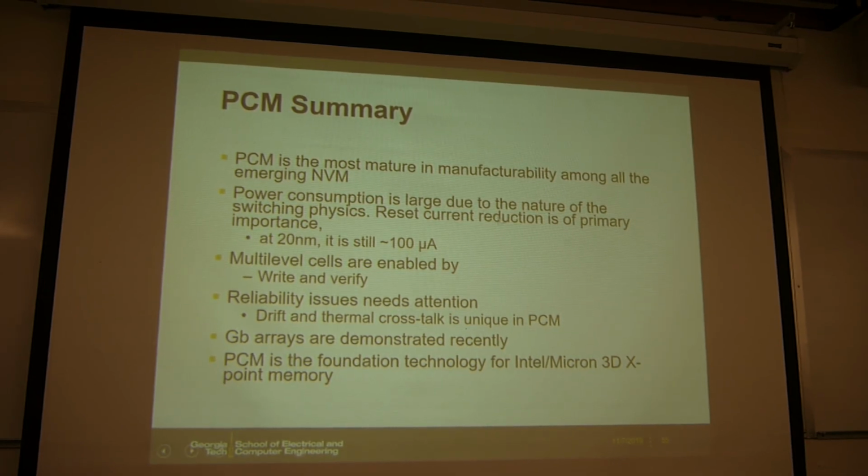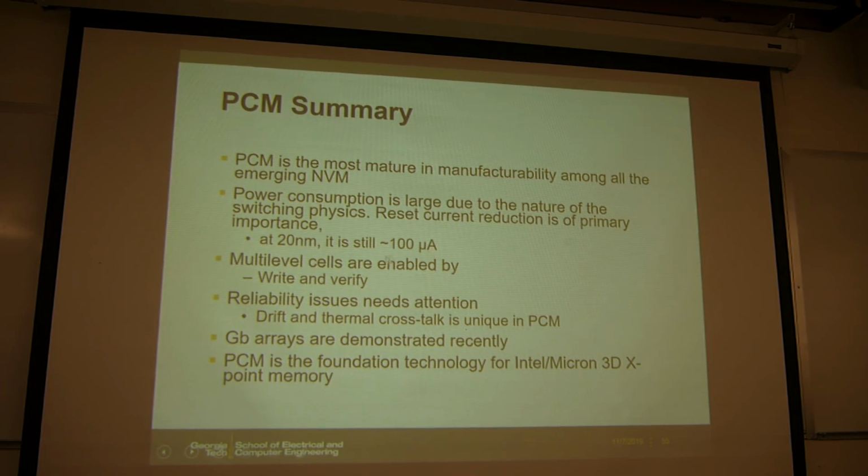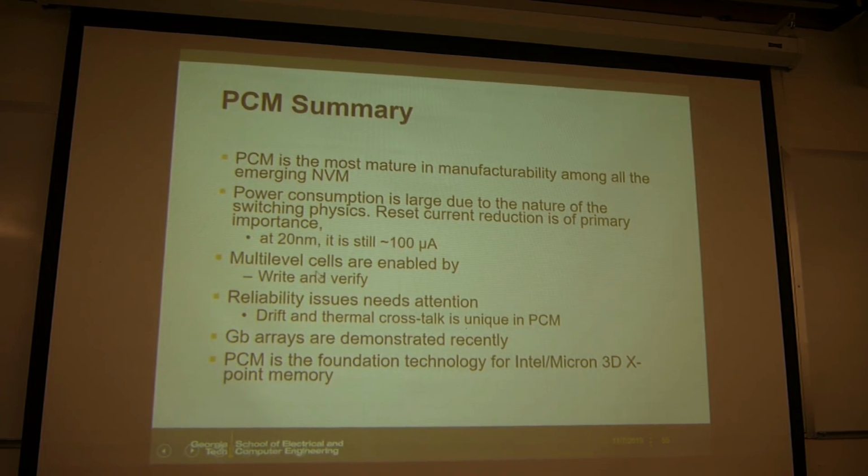At 20 nanometer, it's still like 100 microamps. And multi-level cells are possible by read and verify. And the reliability issues need some attention, especially thermal crosstalk is a problem. And gigabit level has already been demonstrated, and phase change memory is the foundation for Intel and Micron 3D XPoint. But the key enabler is not the phase change, it's the selector.